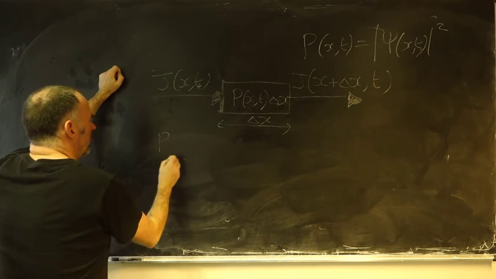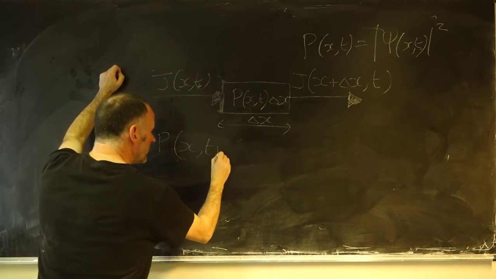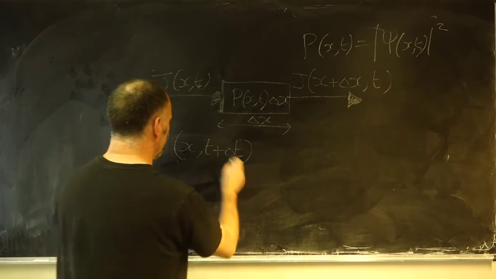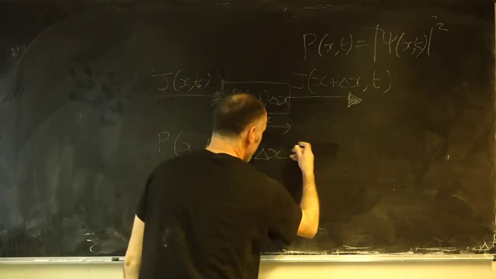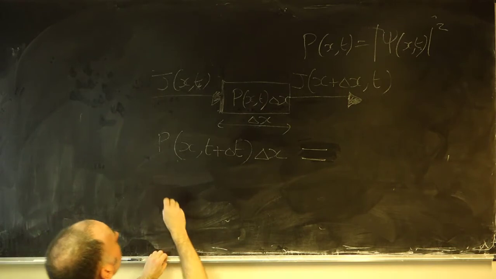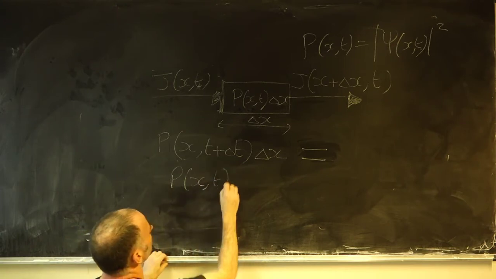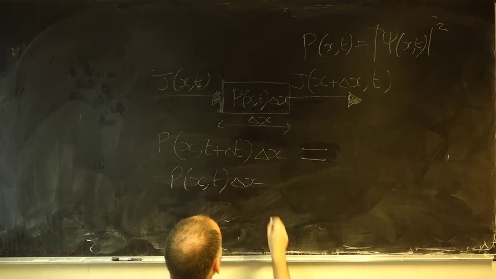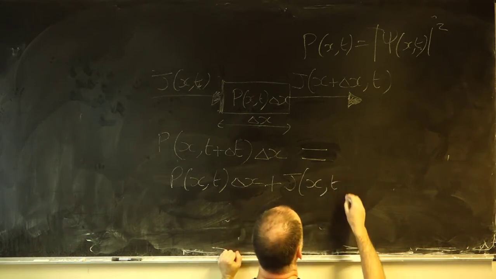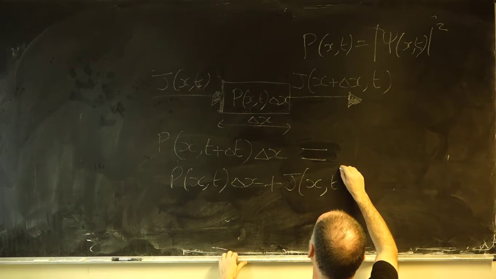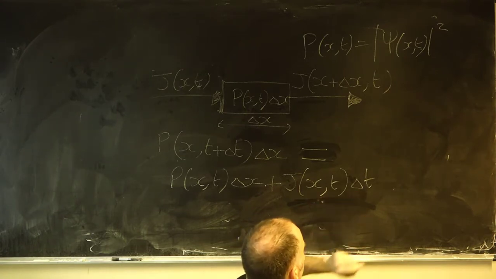So, the probability of finding a particle in this region at time t plus delta t, and that's our probability density at that time, so that's our probability, is going to be whatever the probability was at time t, which is that, plus the probability associated with the incoming current at x, t times delta t, because this is telling us the current per unit time, so we need to multiply that by delta t.